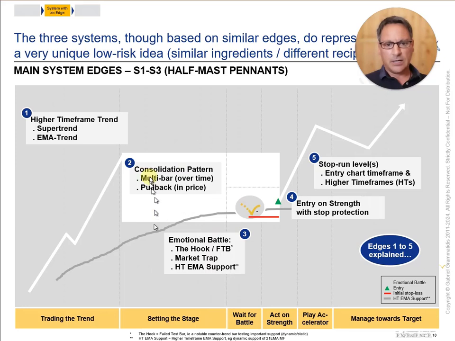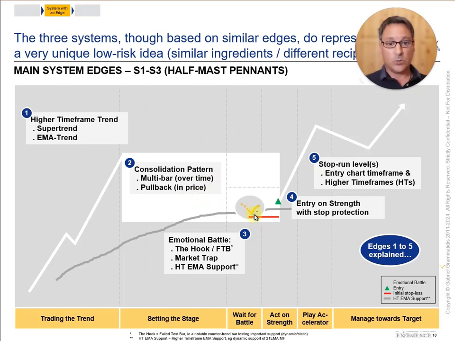Now here comes the end of this consolidation. It's basically the point of decision, right? We're waiting for the emotional battle. We call it the hook, we call it the test bar, and that basically opens up the market trap. We bring in as many counter-trend traders as we can into this emotional battle.